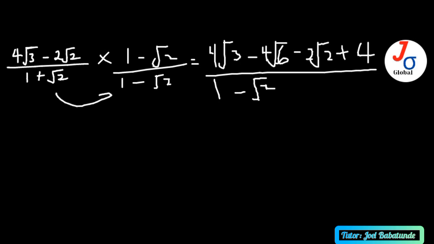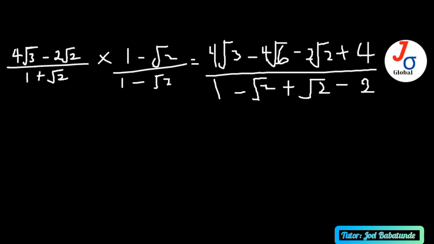Then plus root 2 multiplied by 1 is plus root 2. Then root 2 multiplied by minus root 2: plus times minus is minus, and root 2 times root 2 is root 4, which is 2. Okay, good.